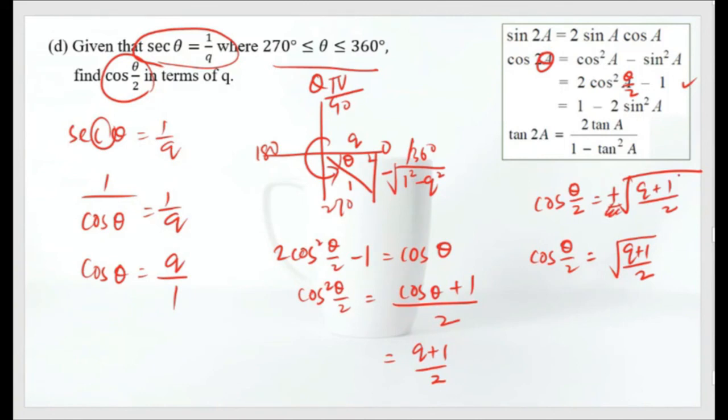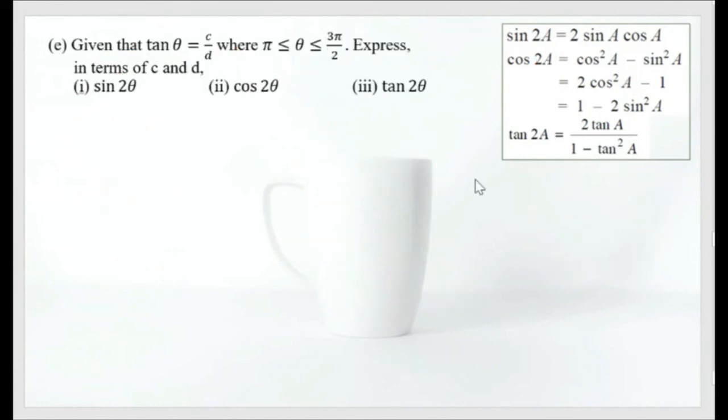Okay, then we go to the last part for the question today. Given that the tangent theta equal to c over d. See, now it didn't give you the numbers, it gives you the value in unknowns, c over d. Then it gives you the value in radian form. So the radian form, this one is in which quadrant?